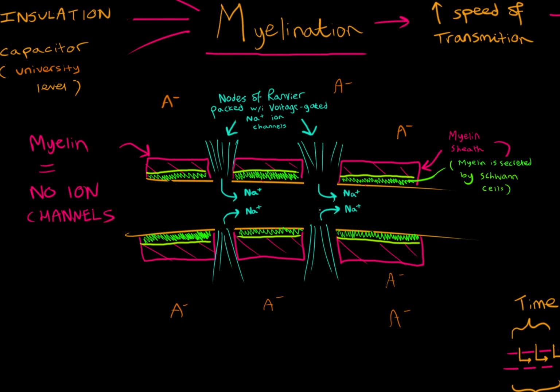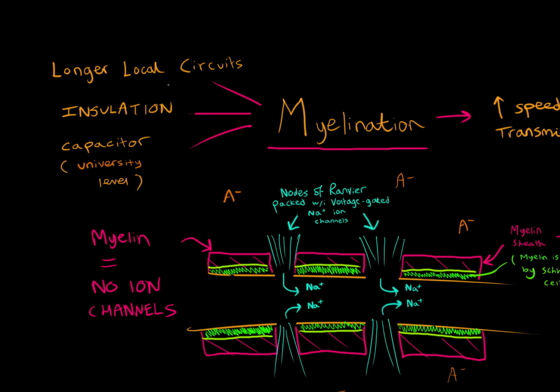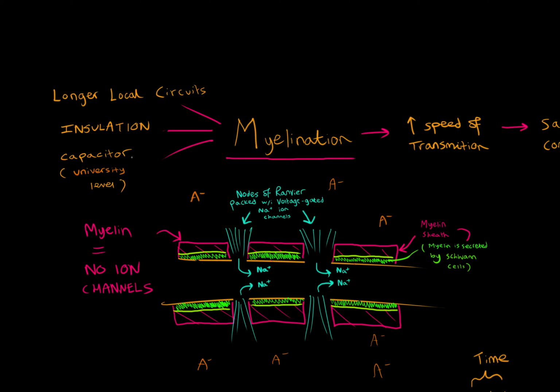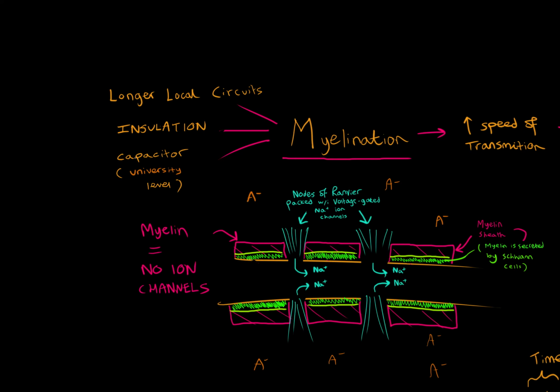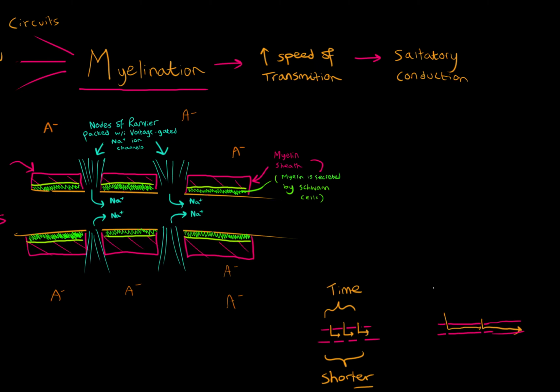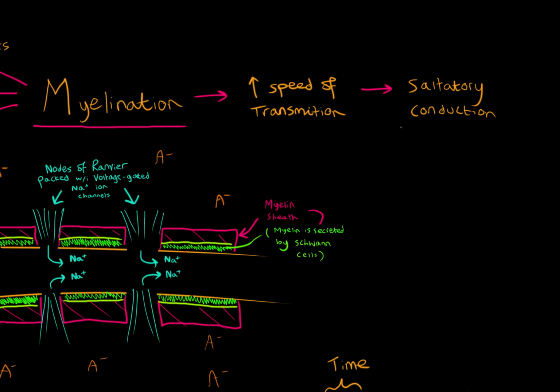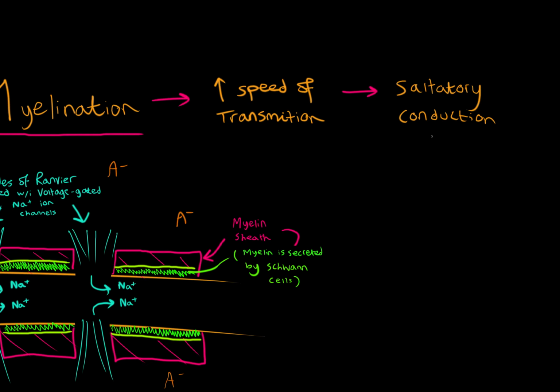Now, the other thing that you need to be aware of: we've mentioned that it has longer local circuits, and then there's just a general phrase, that myelin provides insulation. Two more terms that you really want to think about, in relation to the longer local circuits, is the idea of saltatory conduction.